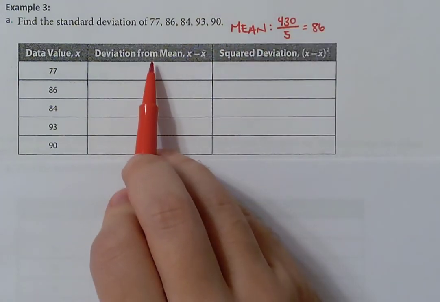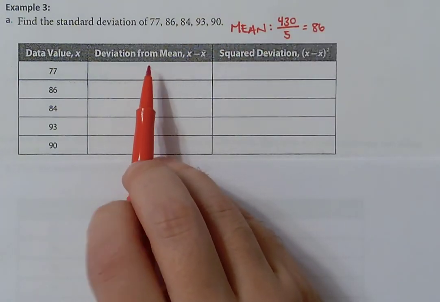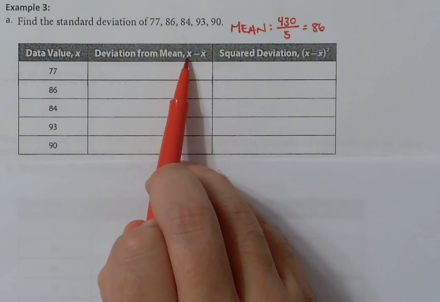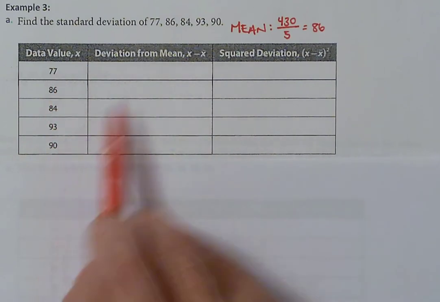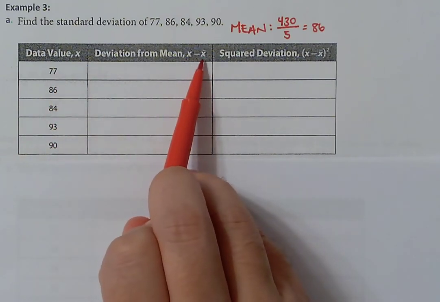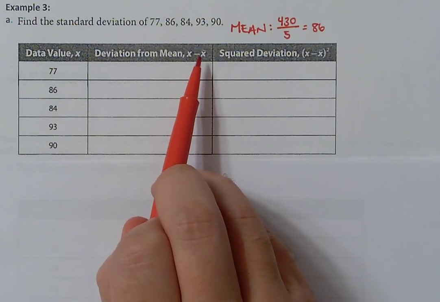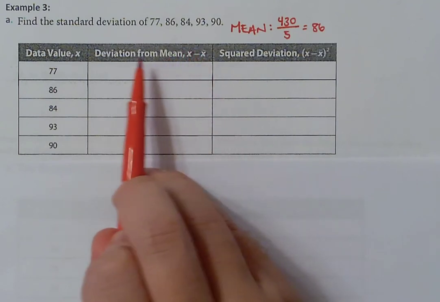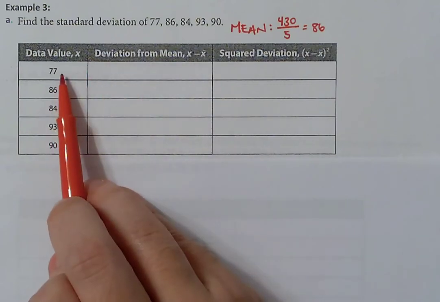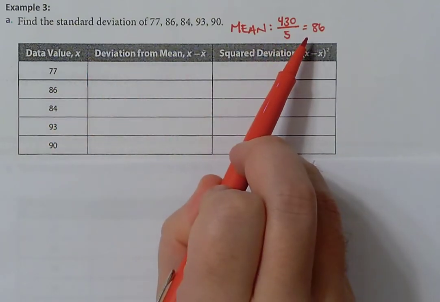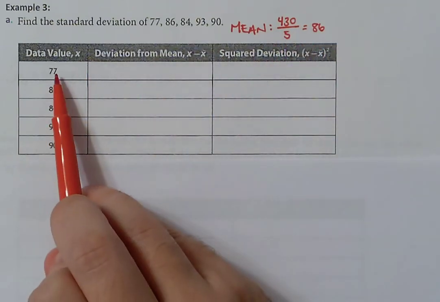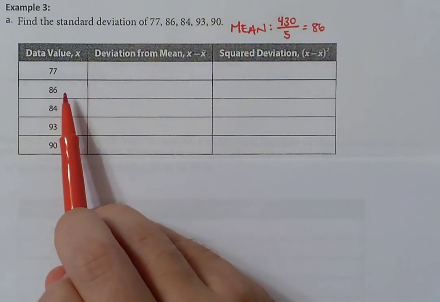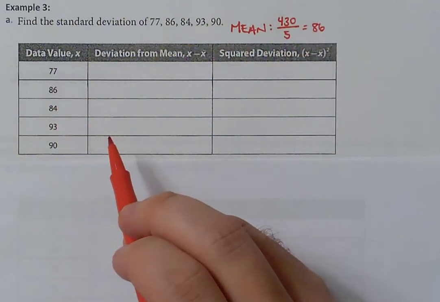Now, when they talk about deviation from the mean, that means we're going to take the number for x, so these numbers right here, and subtract the mean. Anytime you see x with a little bar over it, that's the symbol for mean. So we're going to take these numbers and subtract the mean from them. So we're going to do 77 minus 86, 86 minus 86, and so on.